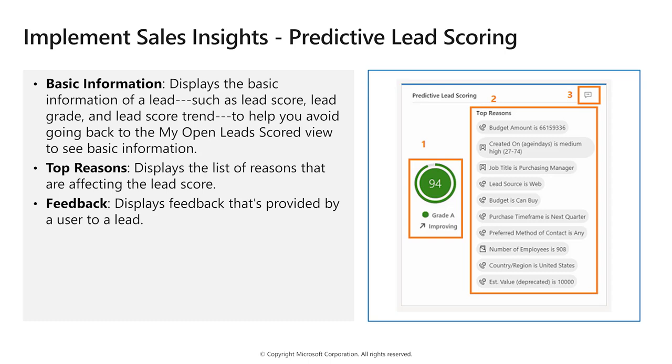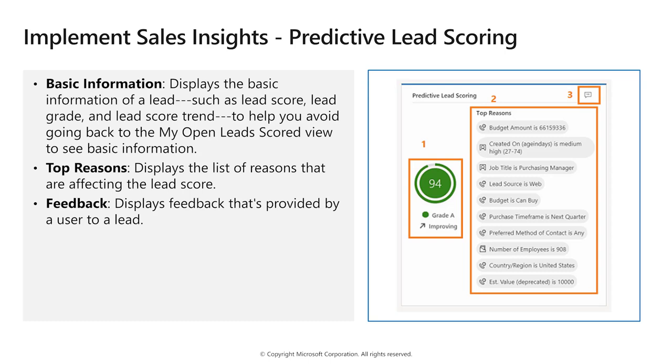For example, say you have two leads in your pipeline, lead A and lead B. The lead scoring model applies a score of 80 for lead A and 50 for lead B. By looking at the score, you can predict that lead A has more of a chance of converting into an opportunity, so you can engage it.